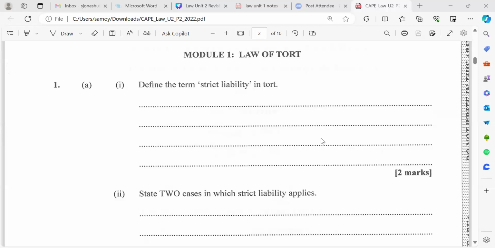But what is good is that once you have the answers to these questions, you'd be able to apply them to any question, because that is how law is. Once you have an understanding of the basic concept, it's very easy for you to apply it to anything else. And I think another paper was sent in the chat.